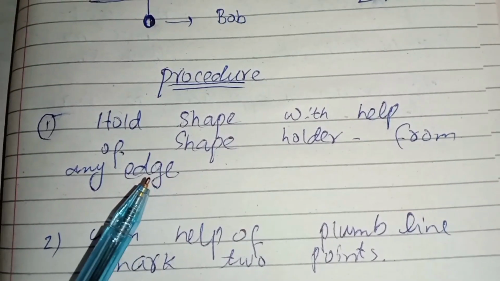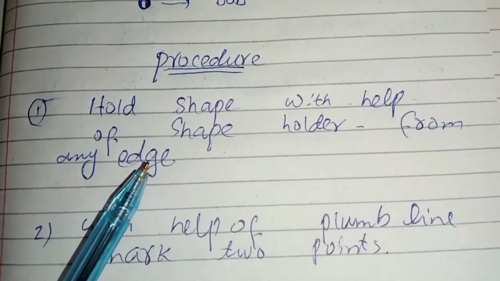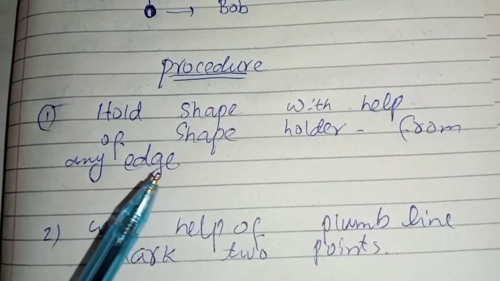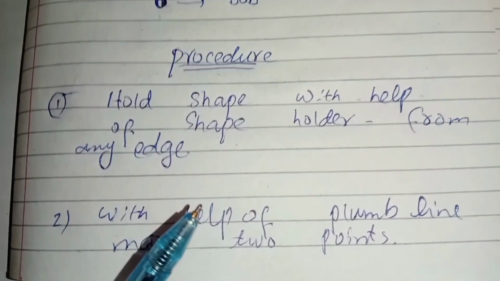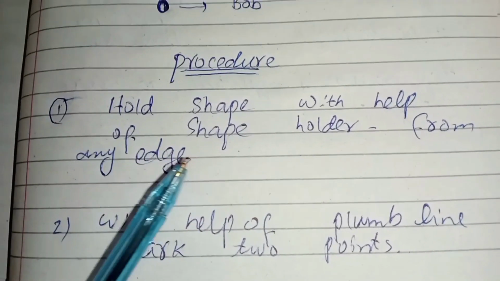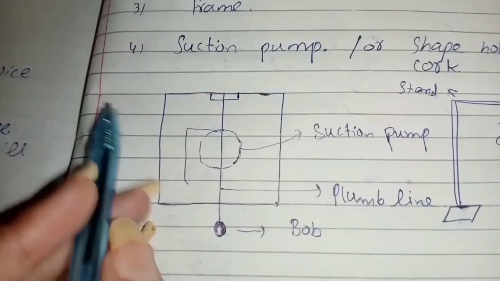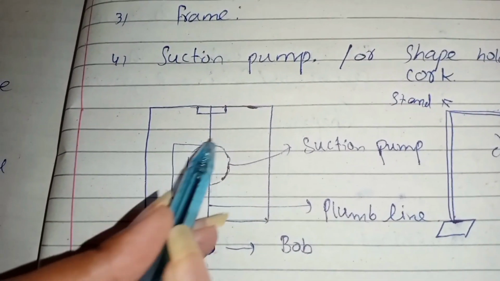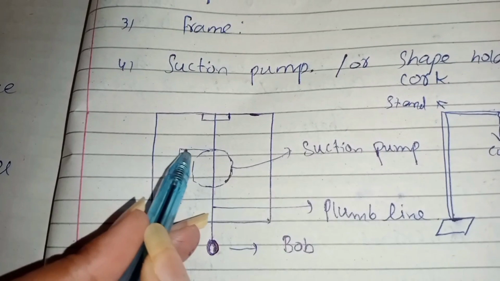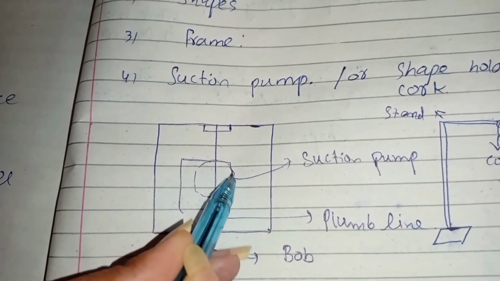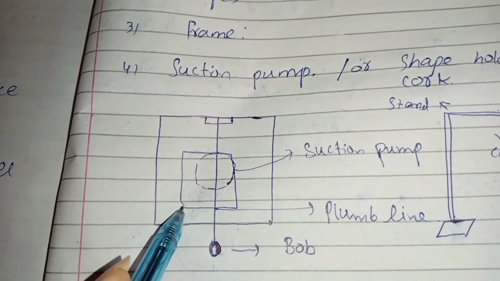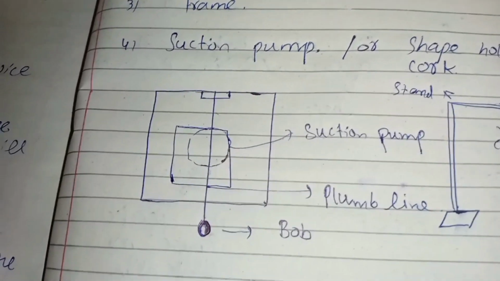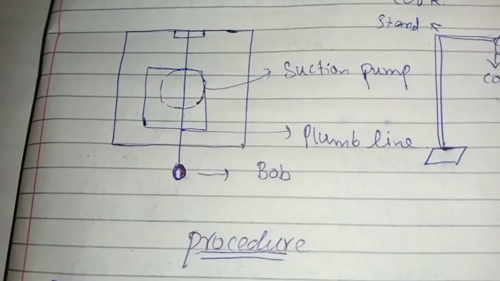You cannot hold the shape from the center to perform this experiment. So this is one of the precautions that should be kept in mind. If you want to hold the shape through this suction holder, you will hang the shape from near the edge to the suction holder.